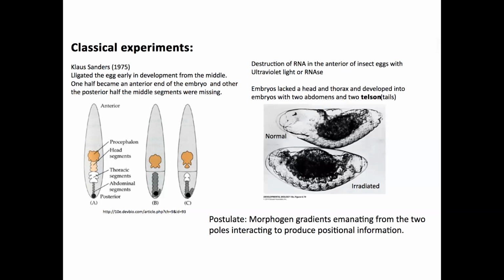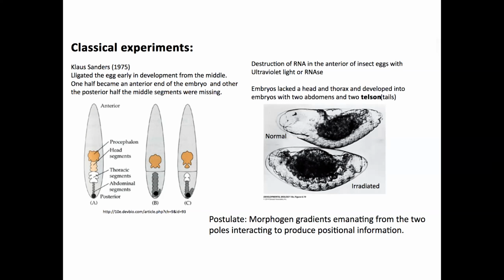This didn't stop there, because now the question is, what is the nature of this interaction? Is it RNA? Is it protein? Is it a small molecule? On today's date, we would have asked whether a metabolite is doing it, but back then, maybe developmental biologists didn't think of metabolism as key.